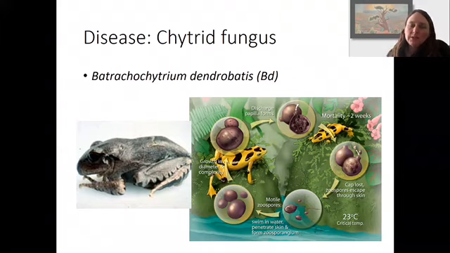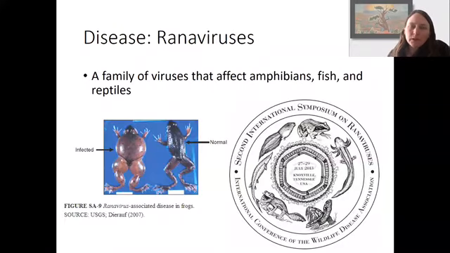So this particular pathogen has been having devastating effects on frog populations worldwide. Another group of pathogens are called the Ranaviruses. They're a family of viruses that particularly affect fish and amphibians and other reptiles.